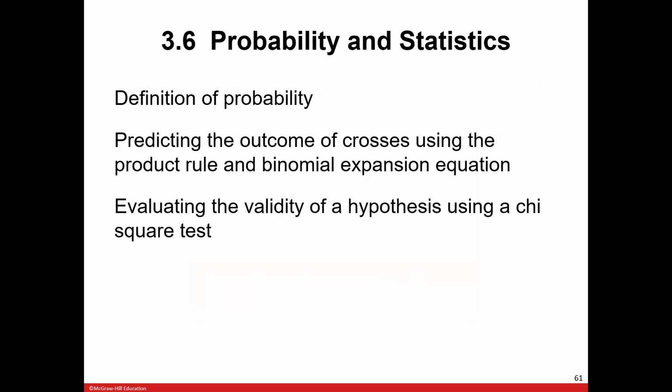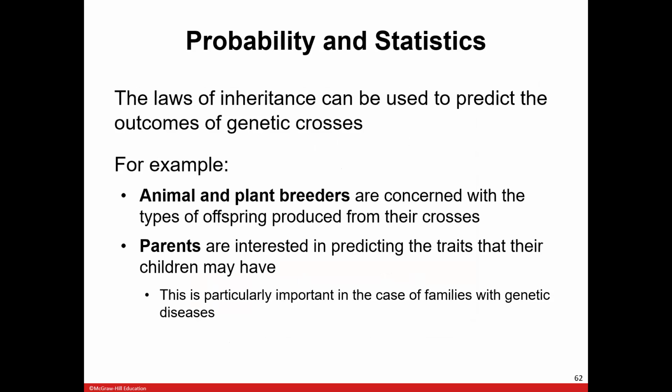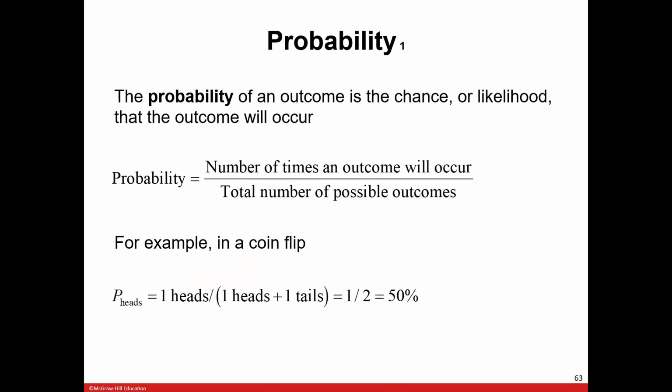On the probability and statistics, they go into way more stuff than you need to know. The ones that you are going to look at, we've already talked about chi-square analysis and p-values, but we're going to review that one. Just know probability is the number of times it would occur versus the total number of possible outcomes.